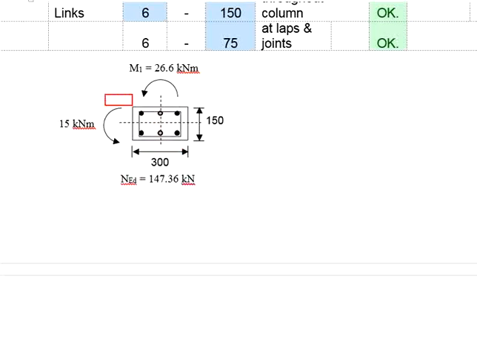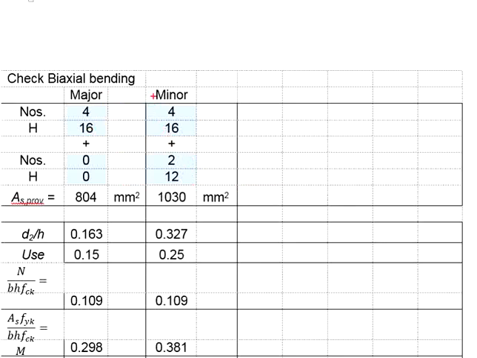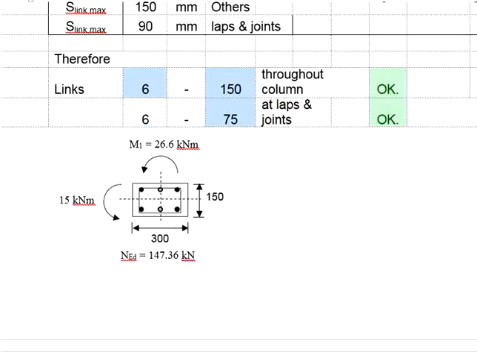No doubt in the minor axis, the effective reinforcement bar will be 4H16 plus 2H12. That gives you a total reinforcement bar area of 1030 mm square. However, when you are looking at the major axis, there will only be 4H16s effective.